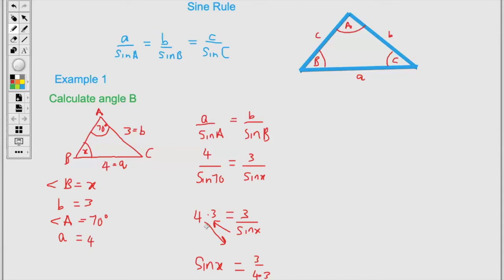Now the next way is getting rid of it using a stepwise process. First we're going to multiply both sides by sine x to get rid of the sine x in the denominator. So I multiply both sides by sine x, and on the right hand side both sine x will cancel. So what we're left with is sine x multiplied by 4.3 is equal to the number 3.